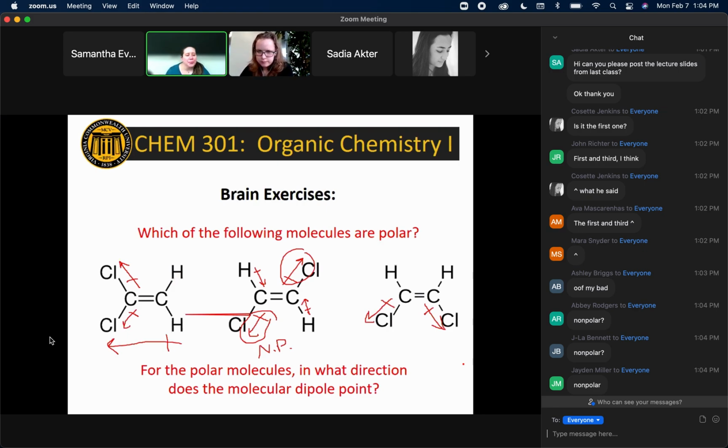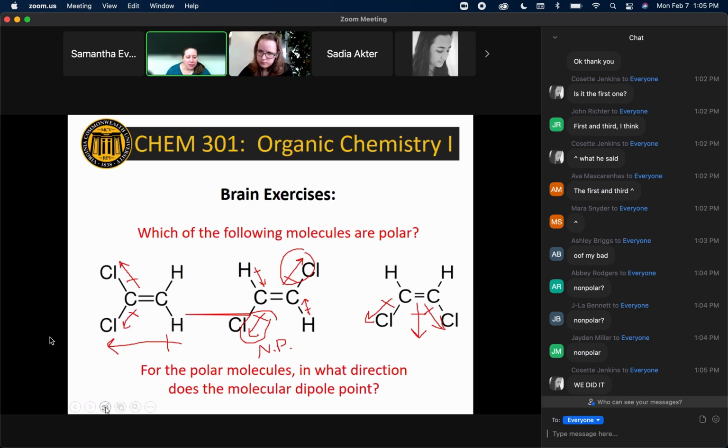What direction is that? Downwards. Downwards, right. So the overall molecular dipole for that molecule does exist. So it is a polar molecule. And that molecular dipole overall does go in kind of the downward direction.